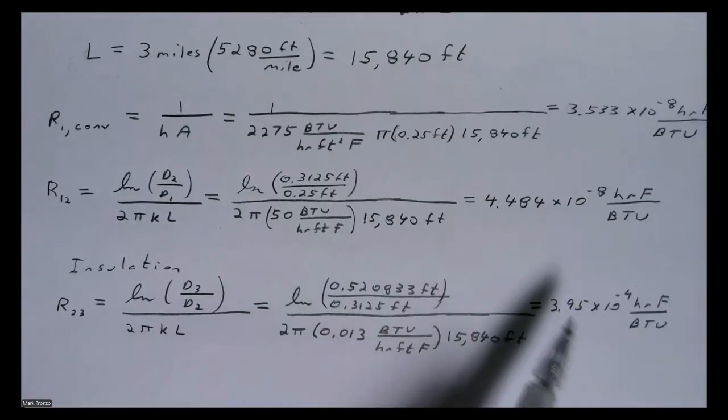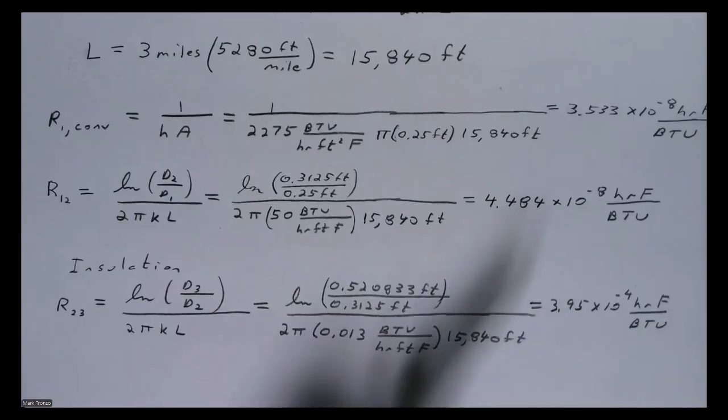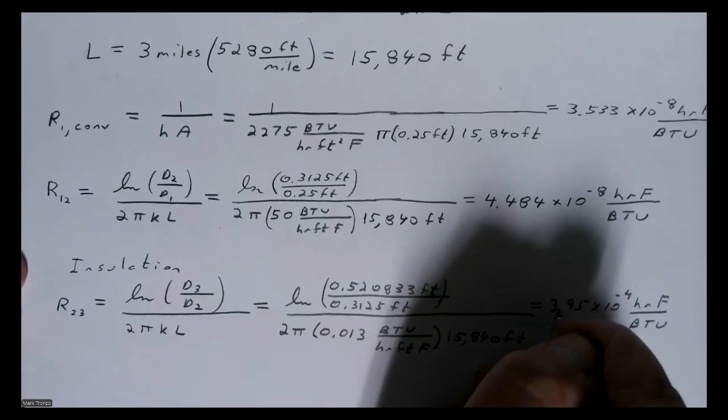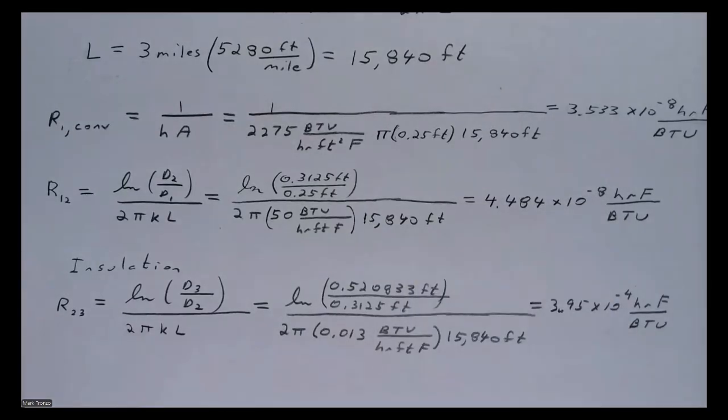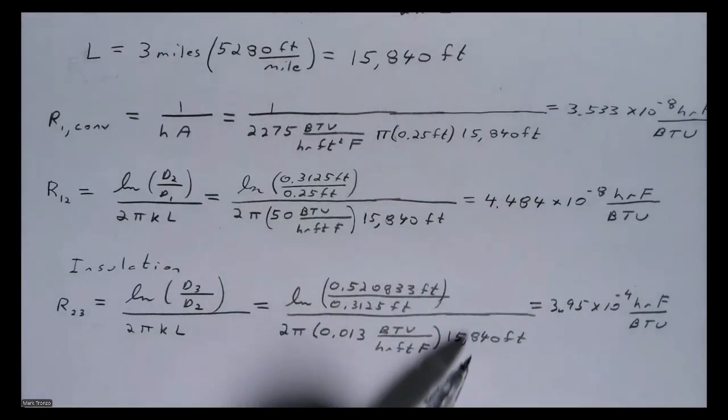For the insulation, we get a resistance of 3.95 times 10 to the minus fourth. So that's quite a bit more resistance. Again, these two tend to be very small because we have a very long length.